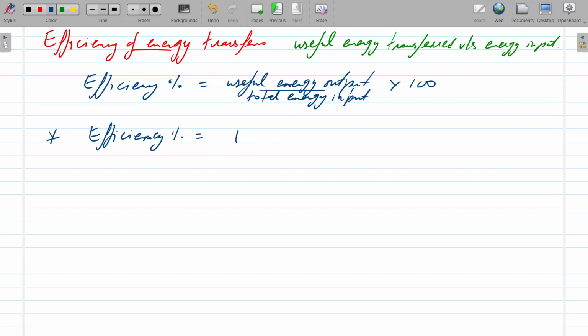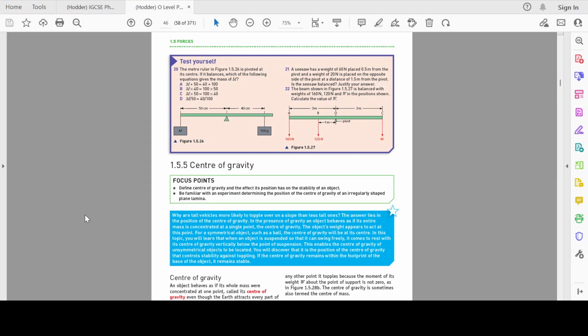Now, to explain this, they're referring to the lever shown in figure 1.5.26. So let me just clear that on screen. Put that on screen.